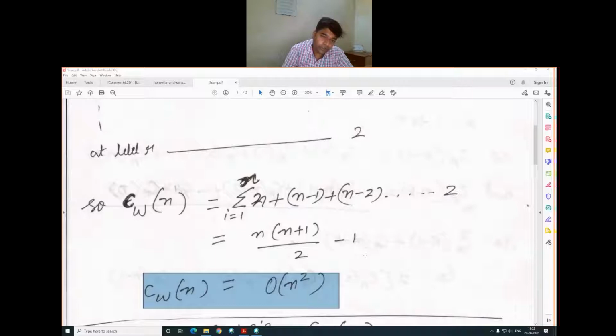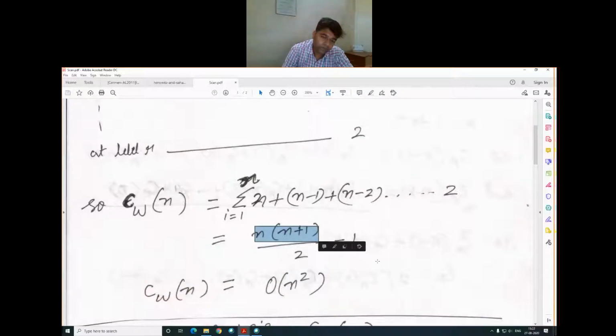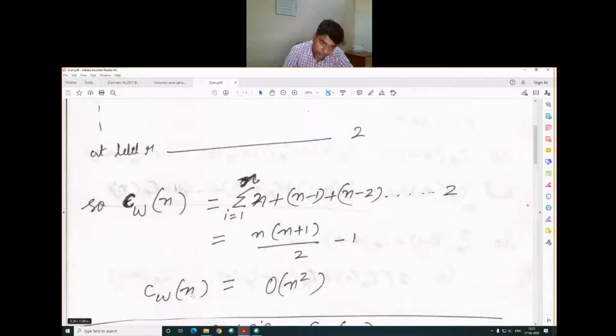From here you can see that after simplifying this equation, we get n square plus n, divided by 2, minus 1, and in that equation the dominating term is n square. So the worst case complexity of the quicksort algorithm is big O of n square.